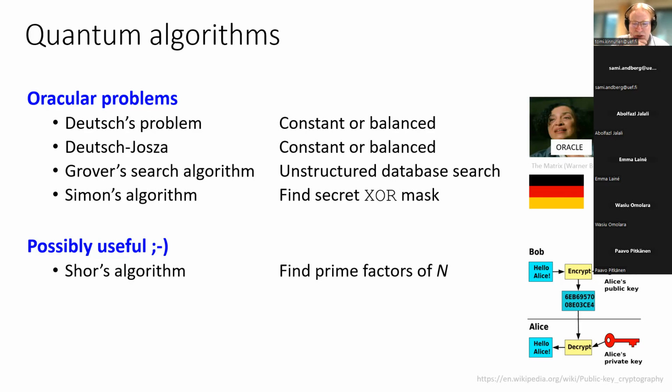The main reason why we discuss this class of algorithms is that each one of them serves a particular pedagogical purpose. They are very simple algorithms in a sense, and they bring up particular points about quantum computing.